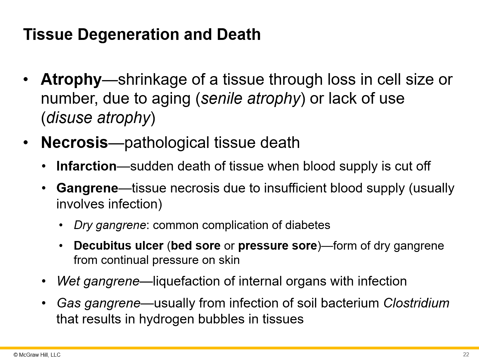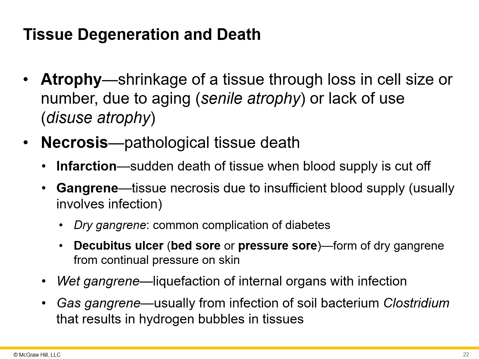So we can have atrophy due to aging or from lack of use, like if people are bedridden or people who lose the ability to walk, their legs will undergo atrophy. And when it comes to cell death, necrosis is a pathological tissue death. So this is not a normal part of the cell life. It's not normal cell death.